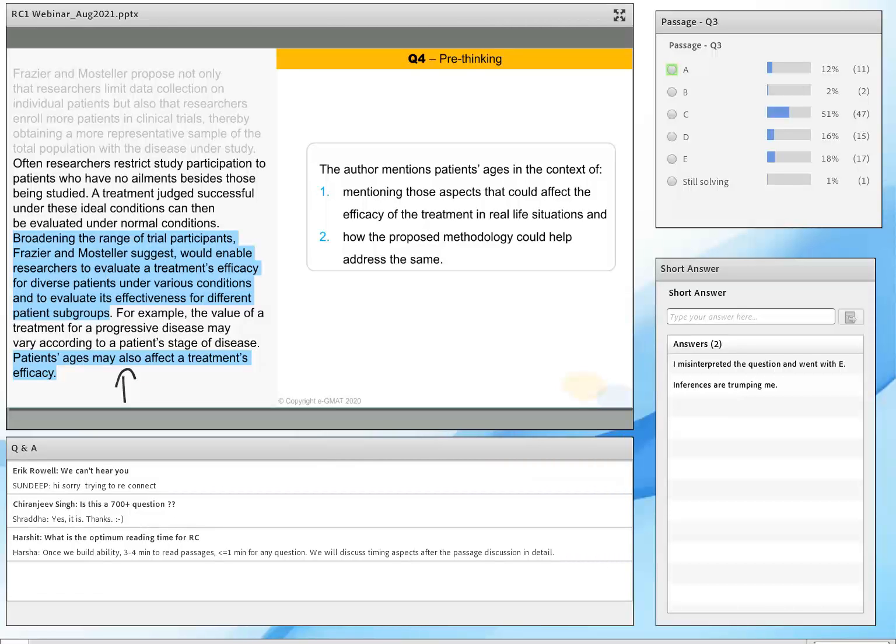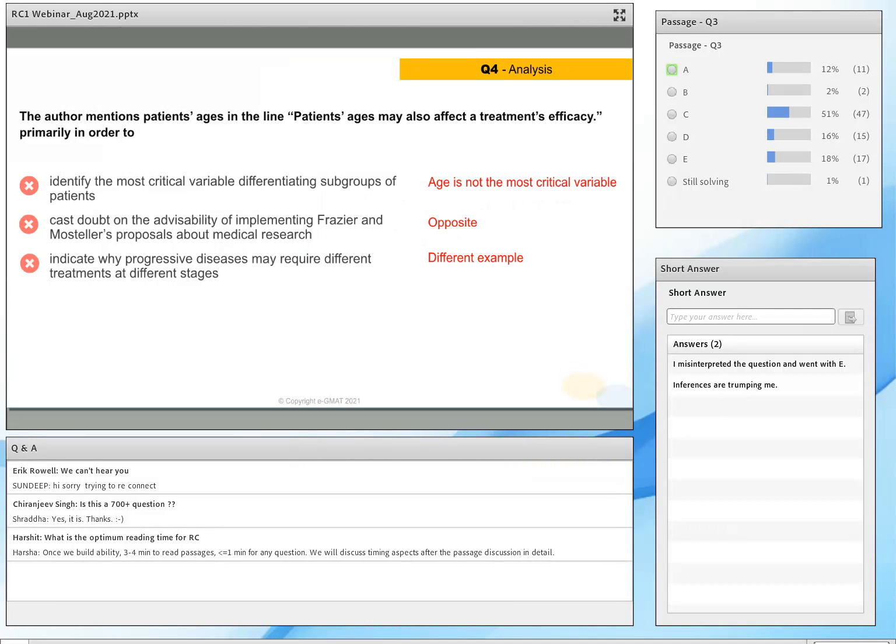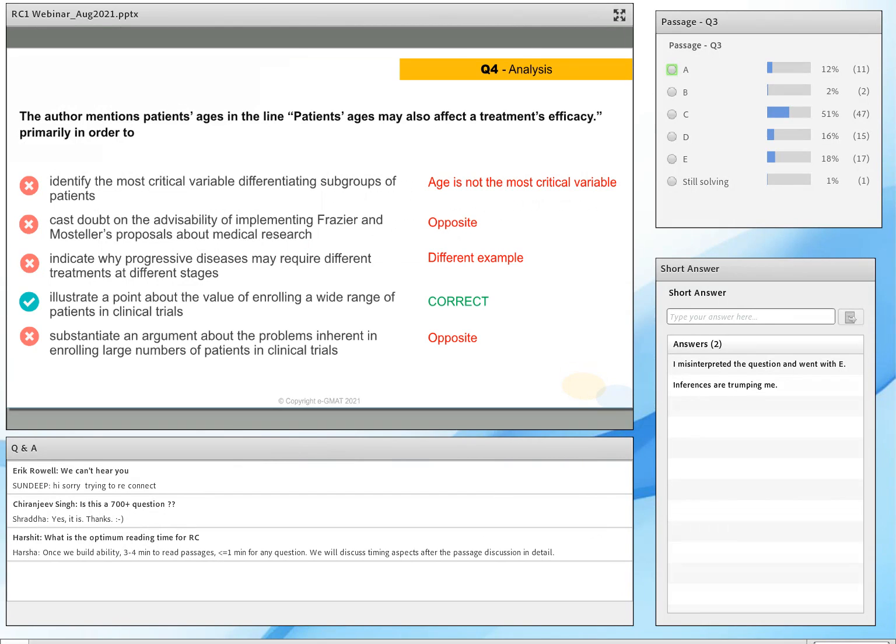It brings out the advantage of doing the clinical trials the way F&M are suggesting. With this understanding, choice D is the correct answer for this one.